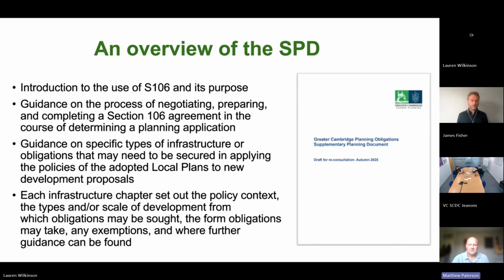Those forms may be non-financial obligations, delivery in-kind on site, as well as payments in lieu. It deals with any exemptions to that as well. And we've also hopefully provided some sources where you can go and get further information should you wish to.